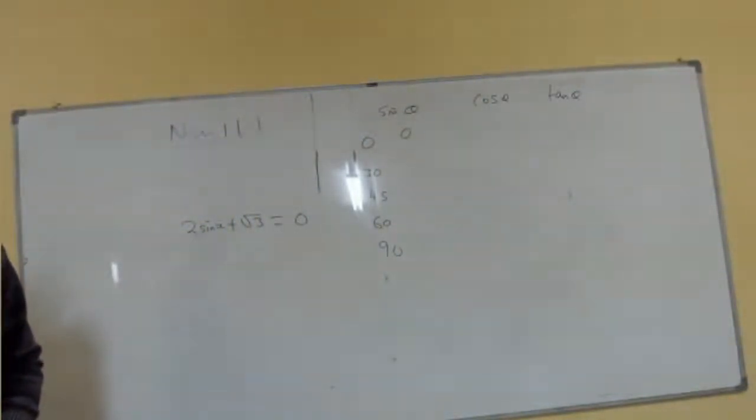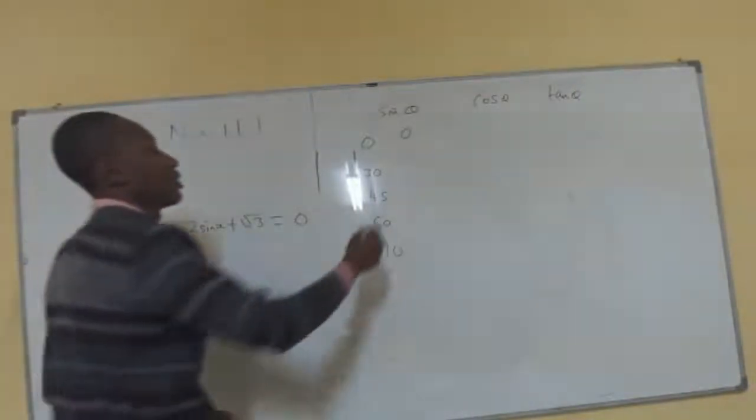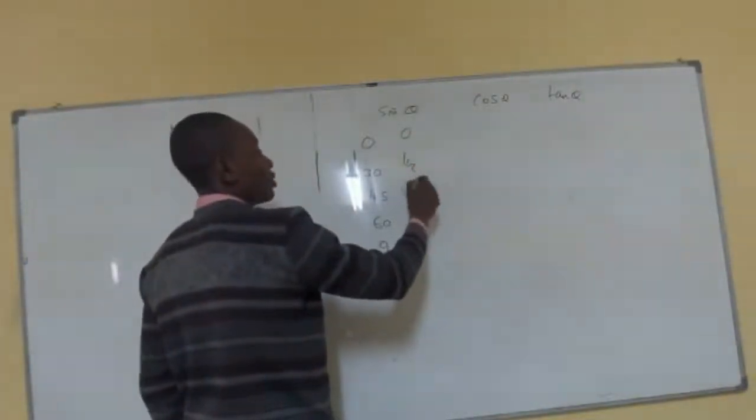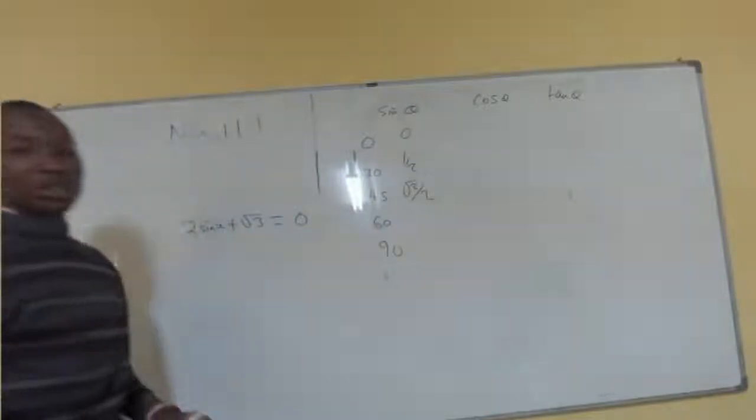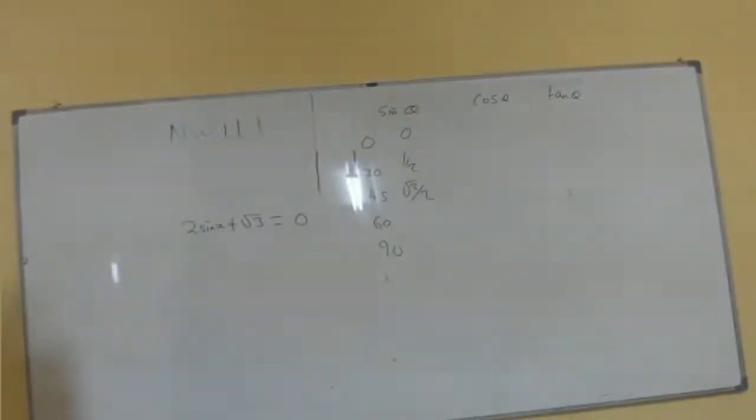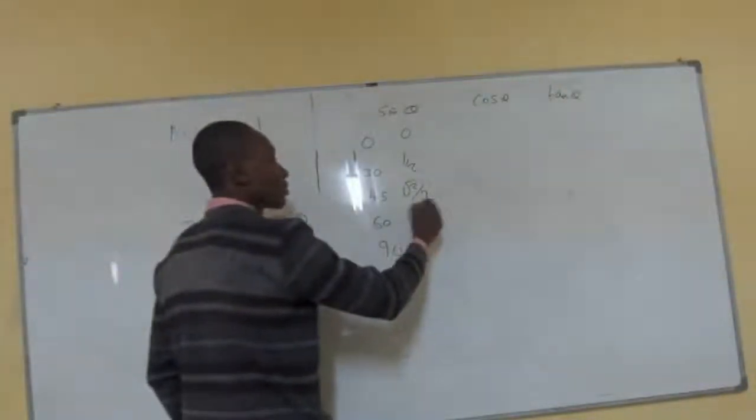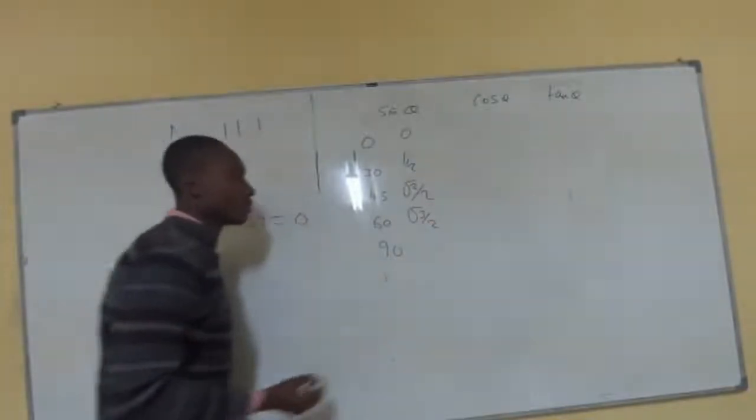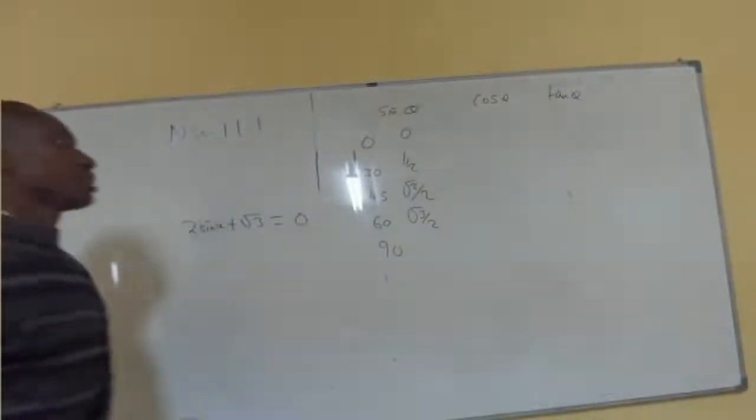Then we have sine 30, which is half. And root 2 over 2 is sine 45. Then we also have sine 60, which is root 3 over 2, and sine 90 is 1.